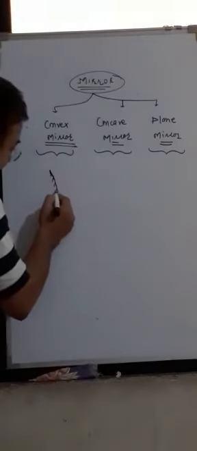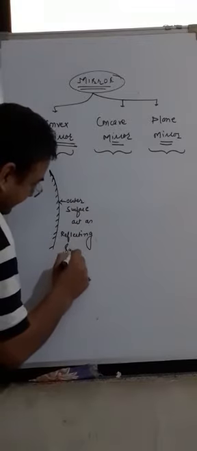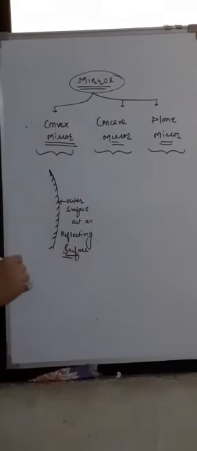If we talk about convex, concave and plane, how do we understand what we mean by convex? In the case of a convex mirror, its inside surface is plated and the outer surface acts as the reflecting surface.